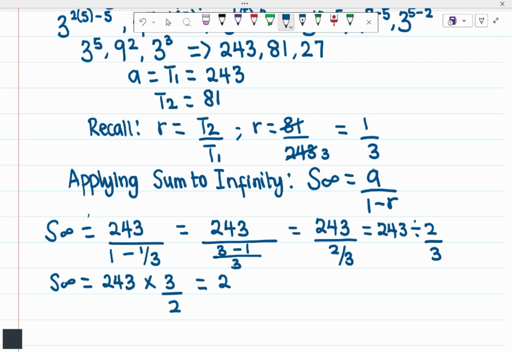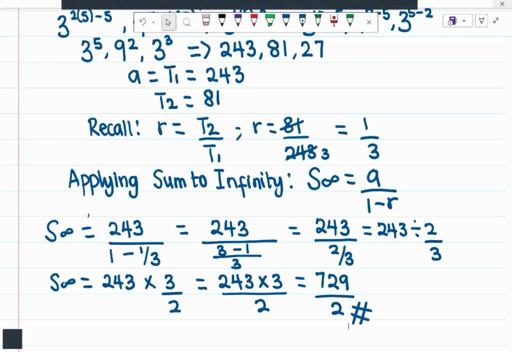So this will give us 729 over 2. This is my final answer. So we've been able to find the sum to infinity and prove that k is equal to 5 over 2.